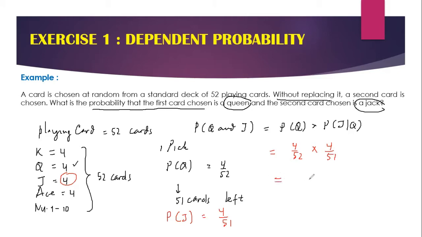Now the final answer is 4 over 666. Is it clear, everyone? Okay, go to the next exercise.